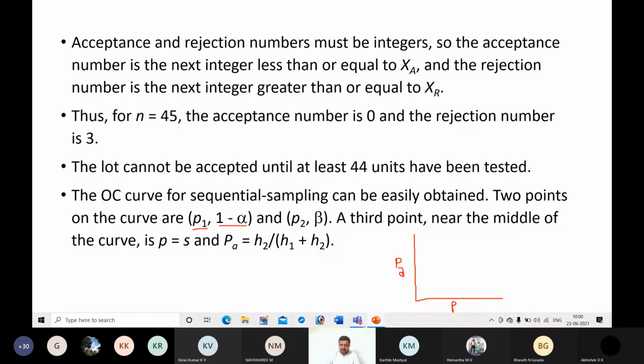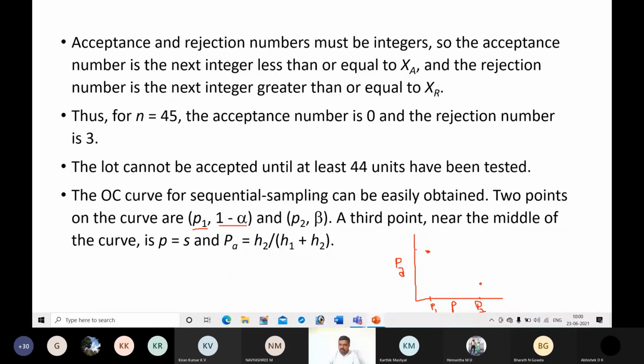Suppose this is P1, and depending on 1 minus alpha, suppose it is here, so you will get one point. Similarly, if you know the P2 value, the lot fraction defective P2, suppose it is somewhere here, then you take the corresponding beta value, that is the probability of acceptance, suppose it is here. So these are the two points on the OC curve.